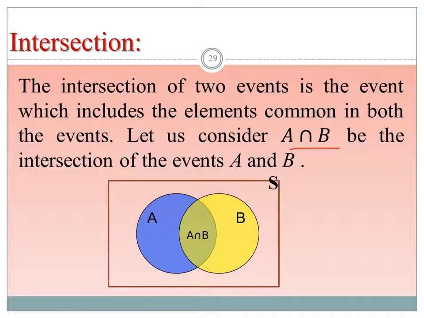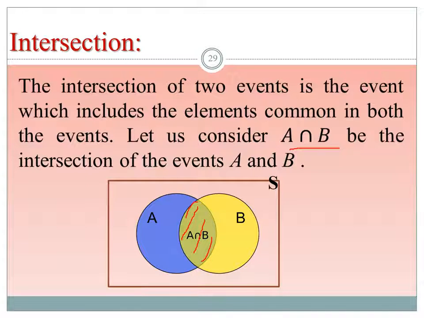So that intersection area is equal to this one. Alternatively, in the definition, an element X belongs to A intersection B if and only if X belongs to A and X belongs to B. Okay, so that's the intersection.